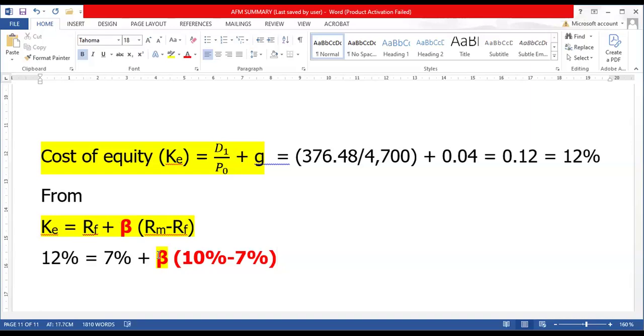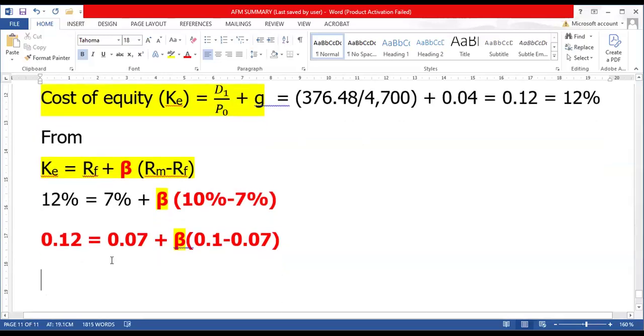When you're dealing with this, deal with decimal points. I think it can help you very fast. This is like 0.12. Another student can say like this. Then plus the beta into 0.1 minus 0.07.